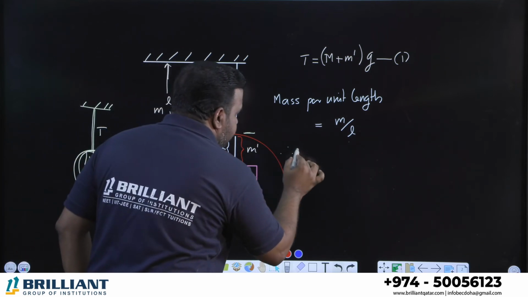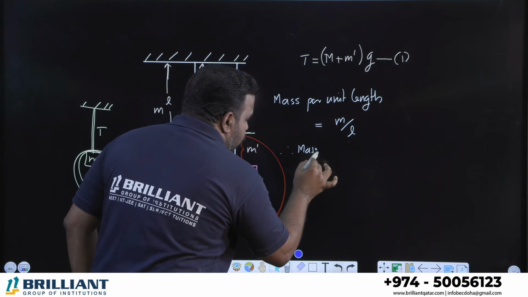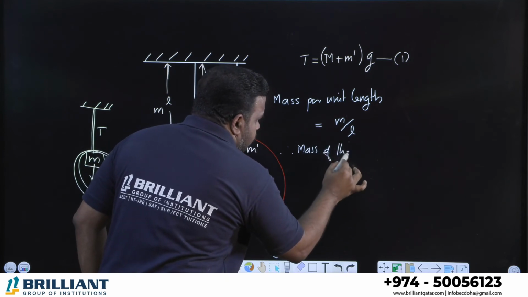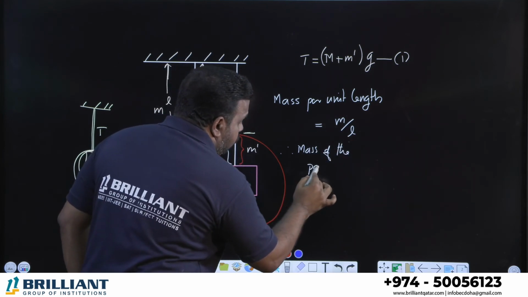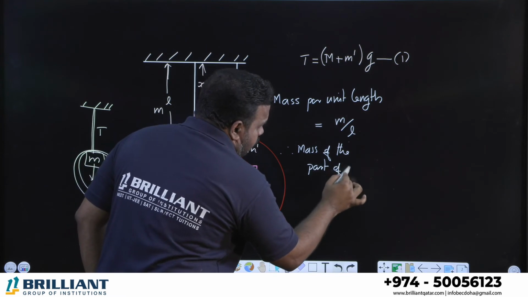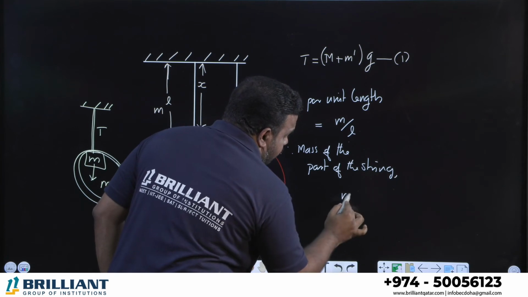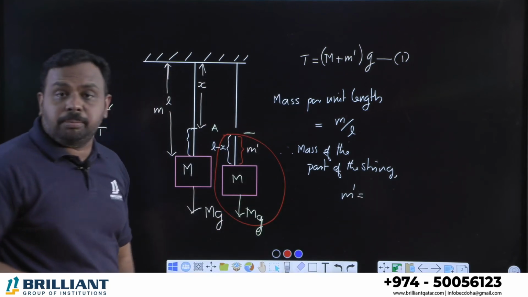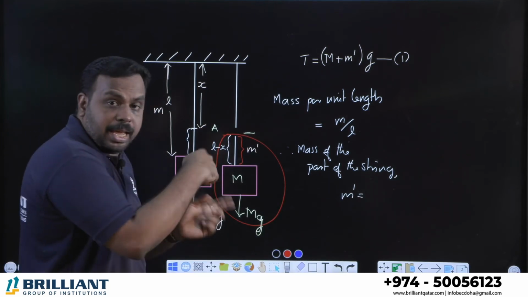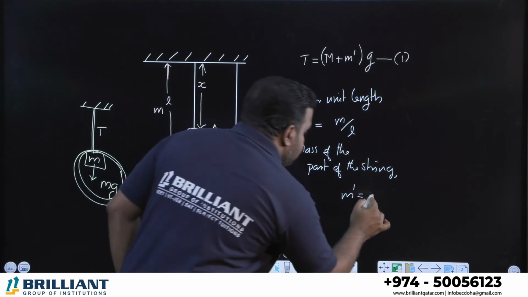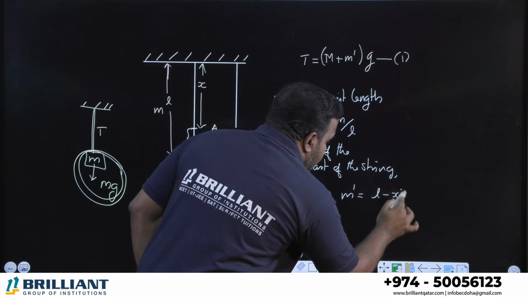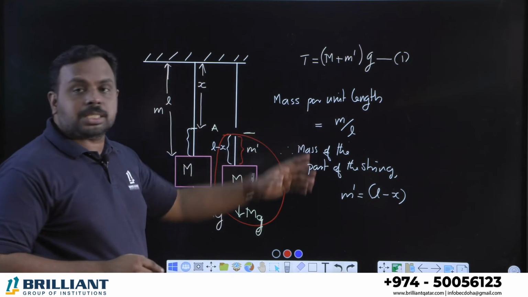Therefore, we can write the mass of the part of the string, that means the lower part of the string, that is m dash, right? Our aim is to find the value of m dash. So m dash is equal to length into mass per unit length. What is length? It is L minus x, into the mass per unit length.